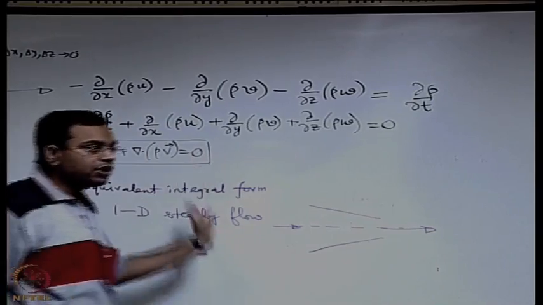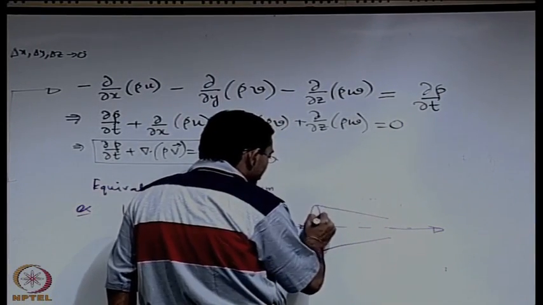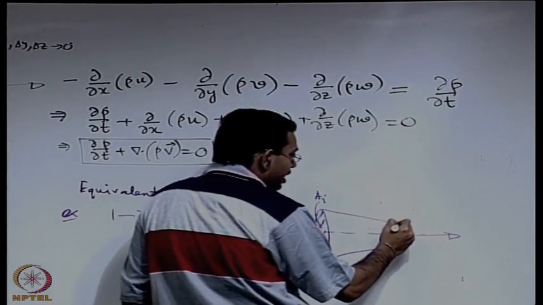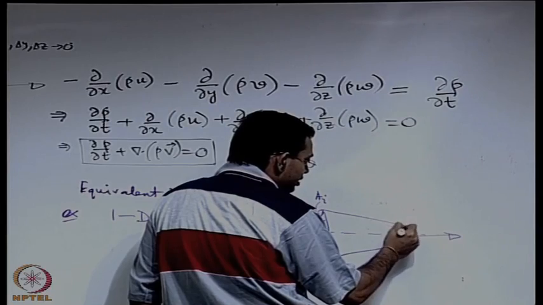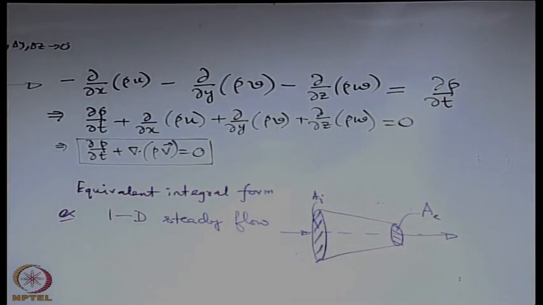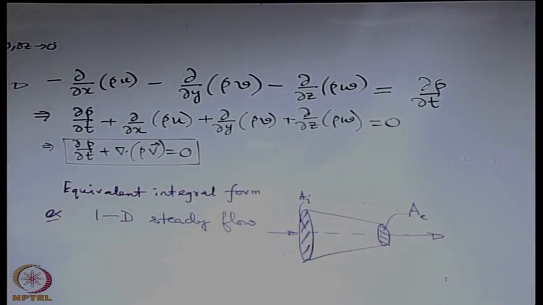The shape is not important for us, we will just keep in mind that there is an inlet section with area Ai, and there is an outlet section, or exit section, with area Ae, and the flow is taking place along x.